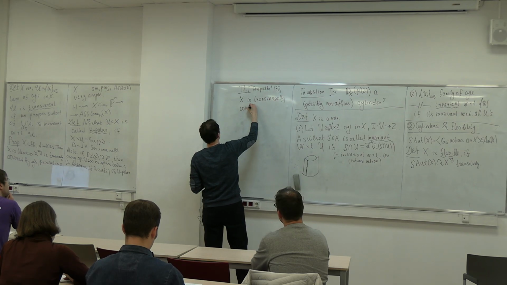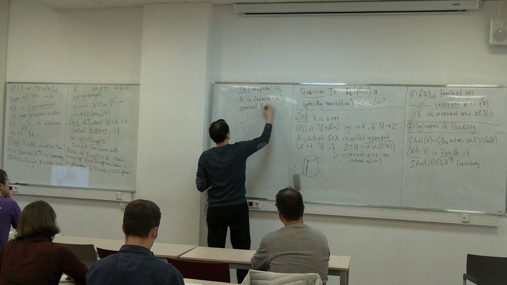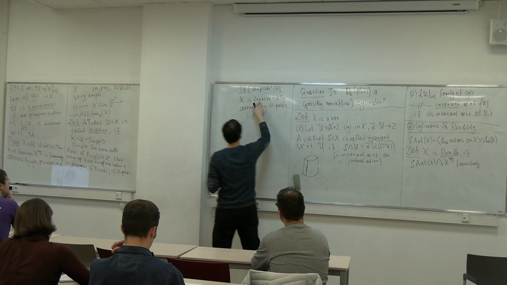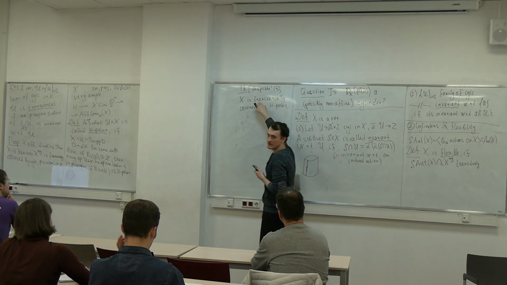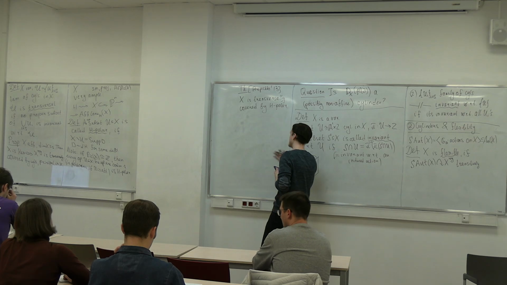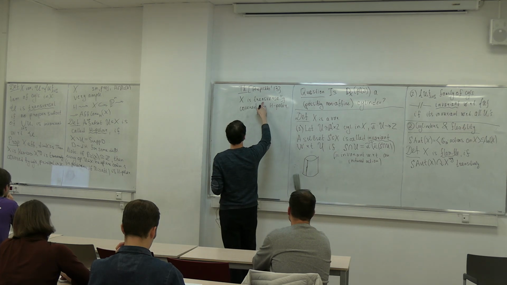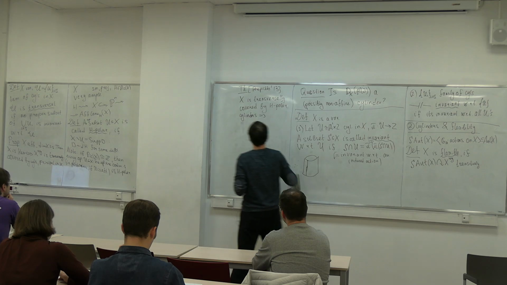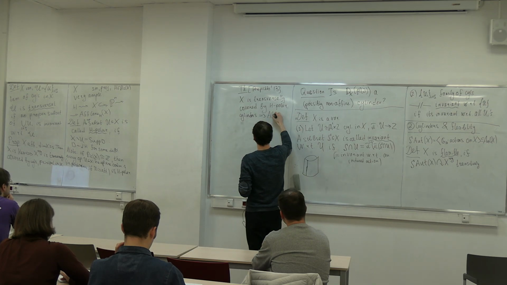Here we cover not an affine variety but a projective variety, and then we deduce flexibility of the affine cone. So X is transversally covered by H-polar cylinders, then the affine cone is flexible.